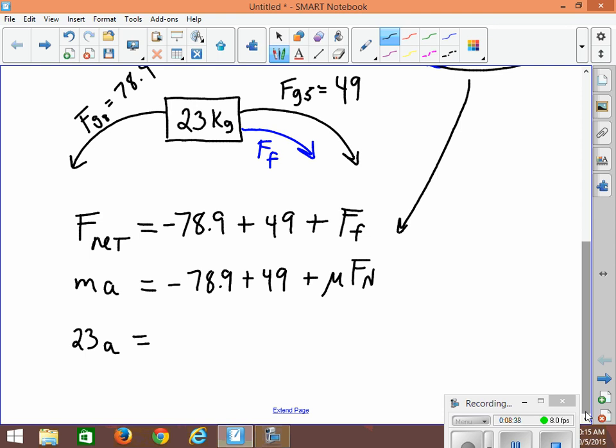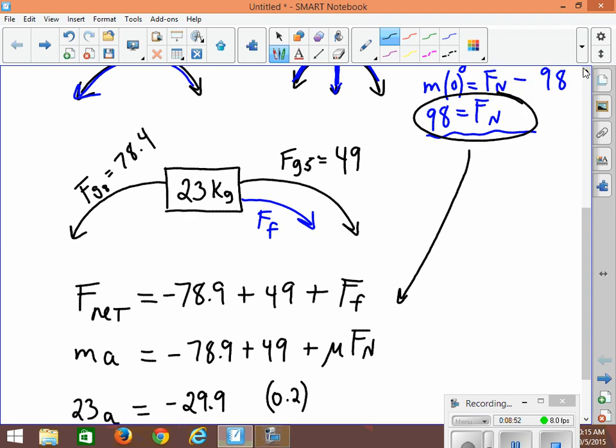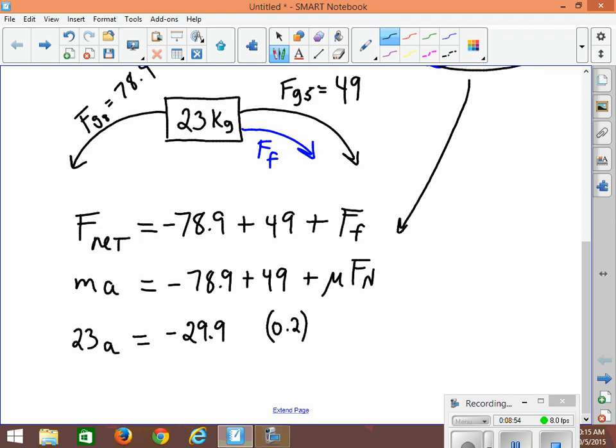It's about 29.9, right? We could put 30, but that's fine. Now the friction is 0.2 for the coefficient, and the normal, we had it up here, 98 newtons. So I'll put that in. Now, the friction is contributing to clockwise-ish motion, or at least it's trying to prevent counterclockwise. So that would be a positive number in this particular case.